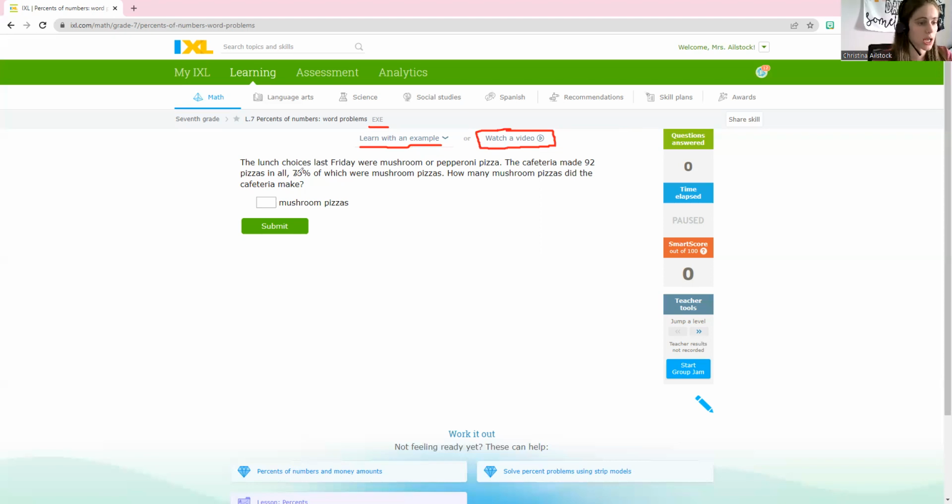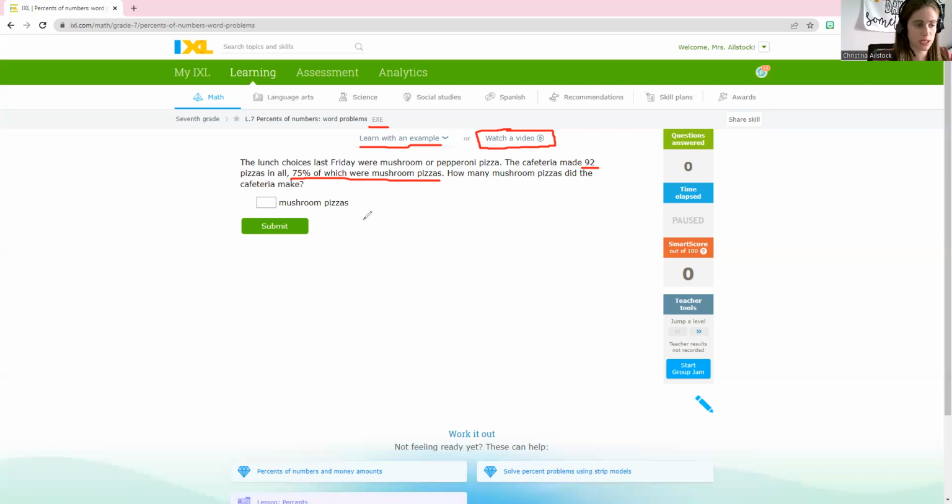So I can see here that there are a total of 92 pizzas that were made, 75% of which were topped with mushroom. And we are specifically being asked to find out what number is that. How many exact pizzas is that 75%? So we want to find out what 75% of 92 is.